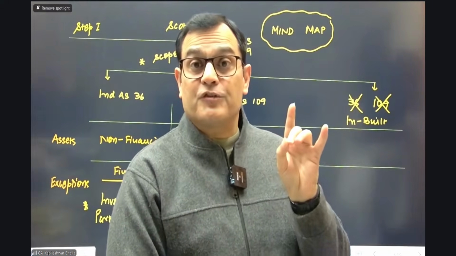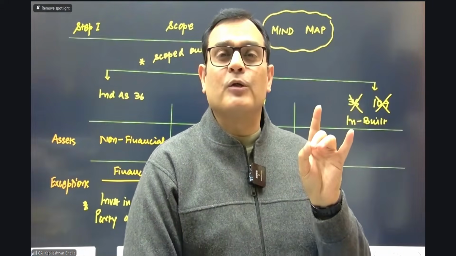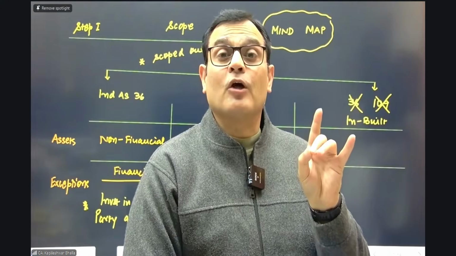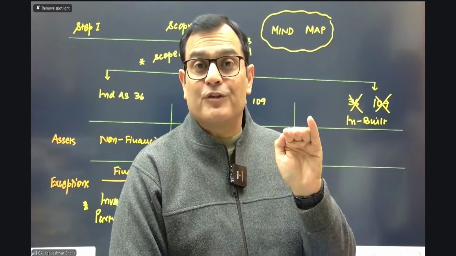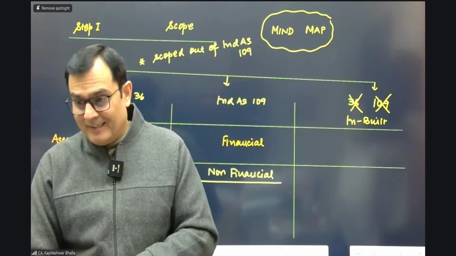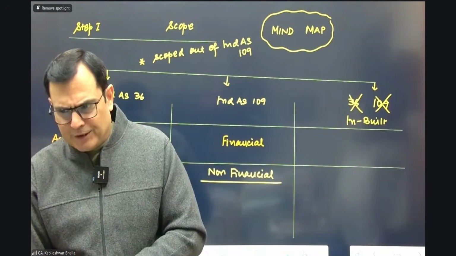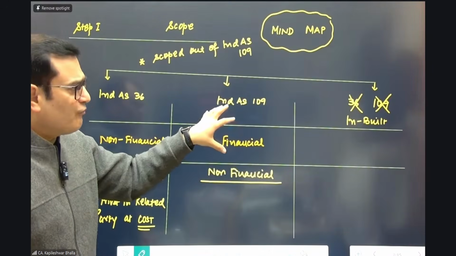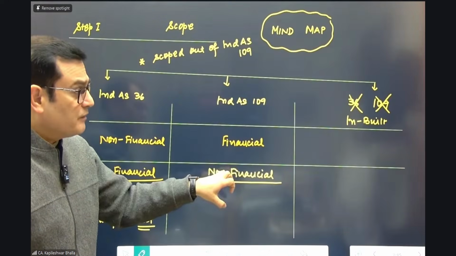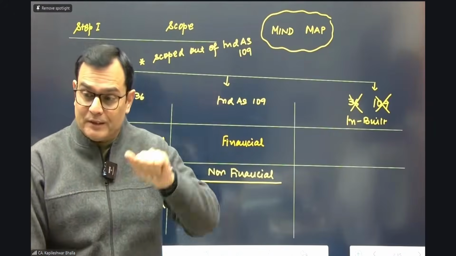109 per se covers financial assets, but we're looking at an exception which is non-financial but is covered under the ambit of 109. Okay, so I get the answer 36. No, I mean that there is a non-financial asset which is covered under 109 impairment.